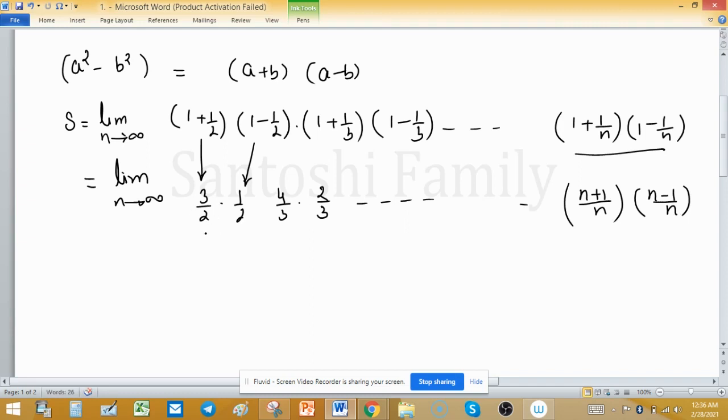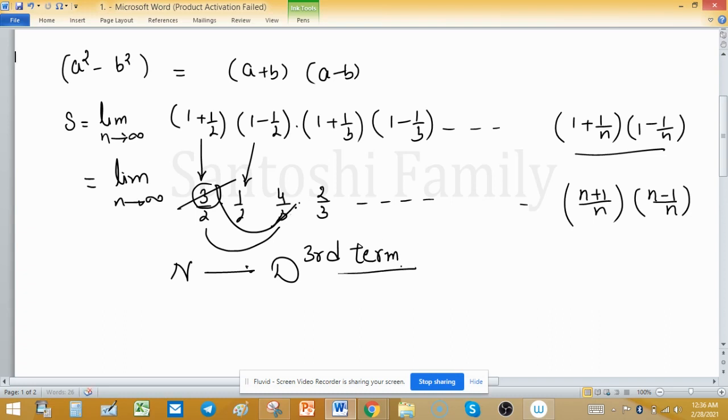Now focus on the first and third fraction. The numerator of the first fraction is cancelled out by the denominator of the third fraction. And the denominator of the second fraction is cancelled out by the numerator after skipping one fraction.